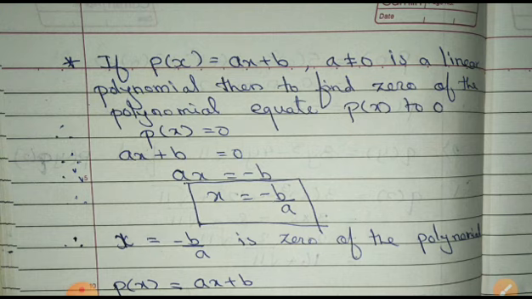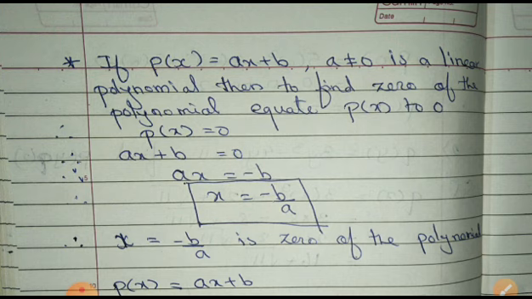So in this case, just equate p of x to 0. So you'll get ax plus b equal to 0. So b, take it to the other side, x term to the left hand side. So ax is equal to minus b. So x will be equal to minus b by a.